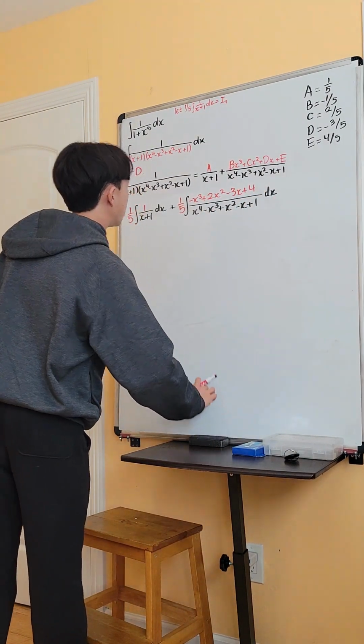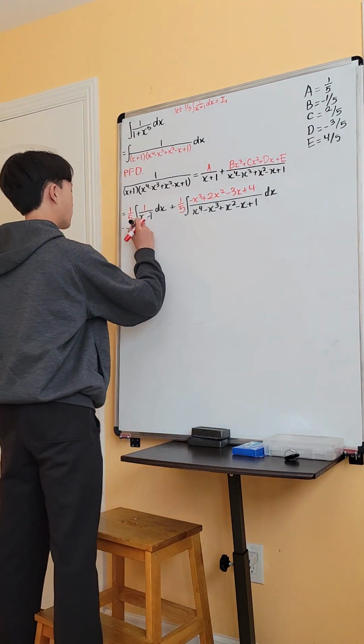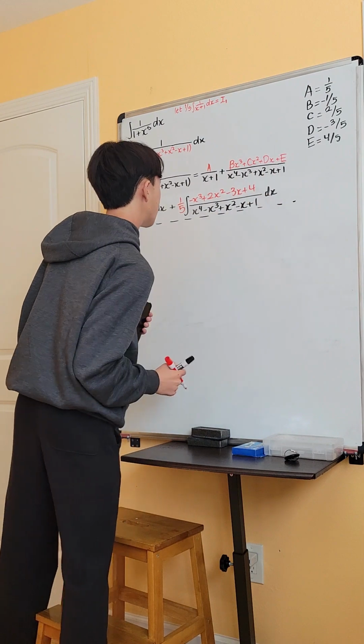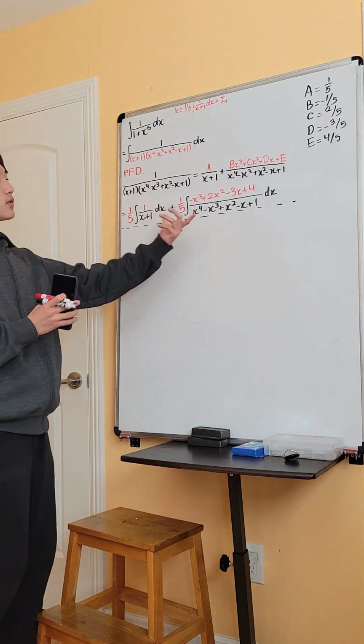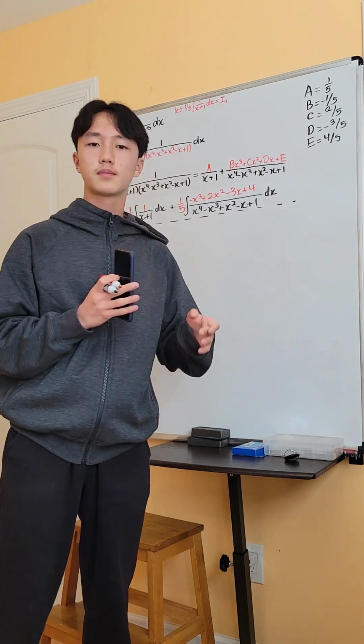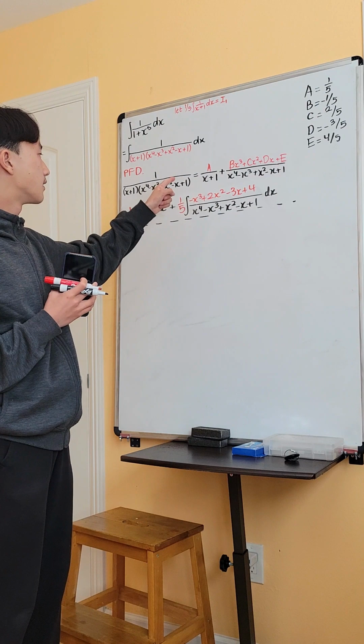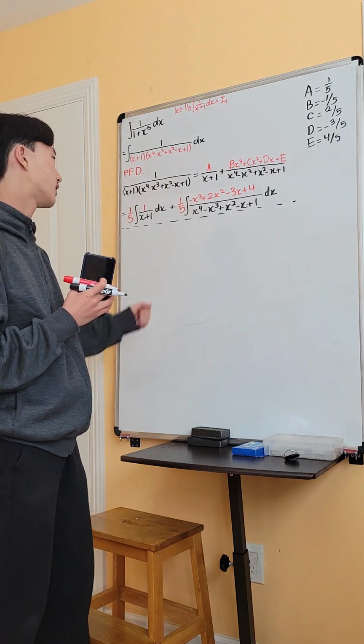So let's get rid of all this. Well, okay, you know what? Let's draw a border for now because everything on this board is going to be temporary. So how do we manipulate this? Well, firstly, this x cubed in the numerator has a negative, and since it's the highest degree term, we want to factor out the negative.